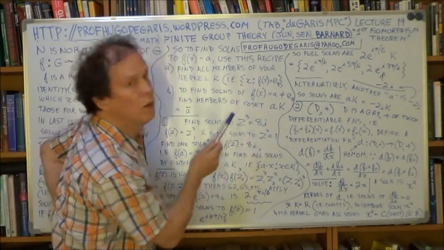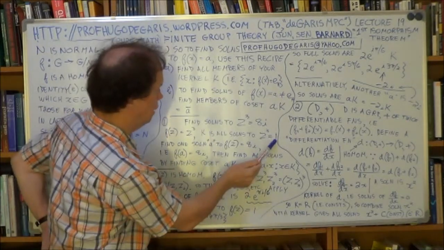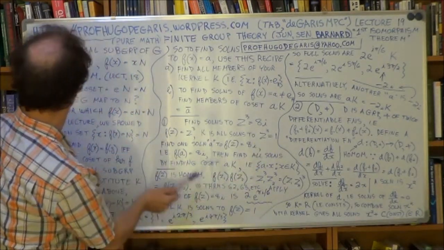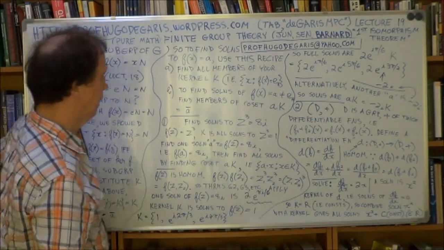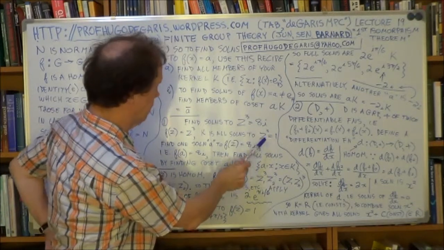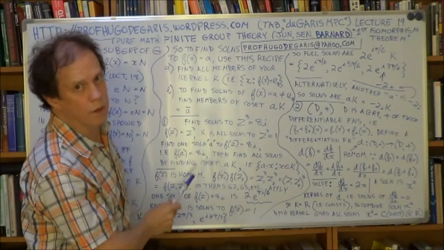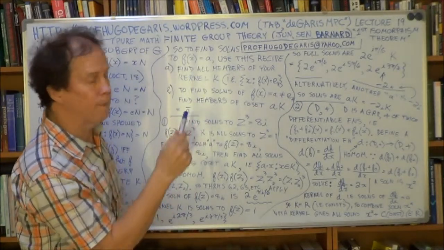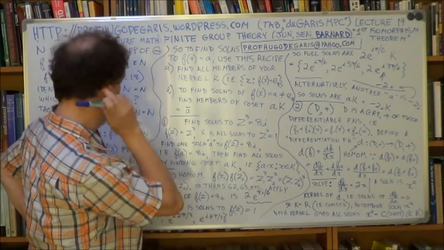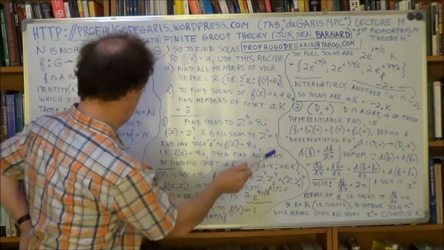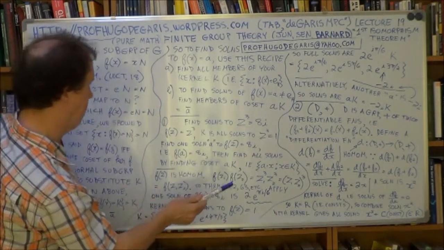Why 1? Well, that's the unit element here, because the binary operation here is not plus, it's multiply. So your unit will be 1.